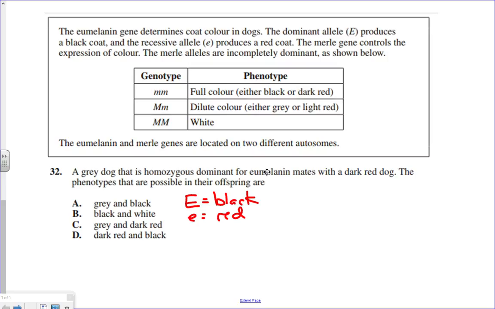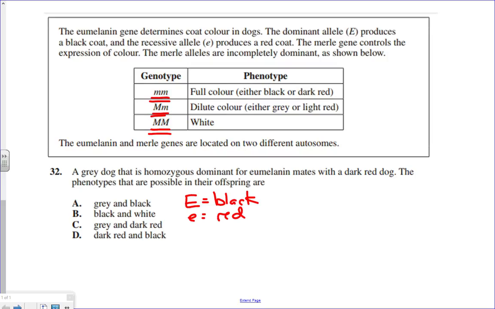It says another gene controls the expression of color. The merle alleles are incompletely dominant as shown below. So we've got little m is equal to full color, big M little m is equal to dilute color, which could produce a gray or a light red, and big M would be white, so completely white dog.